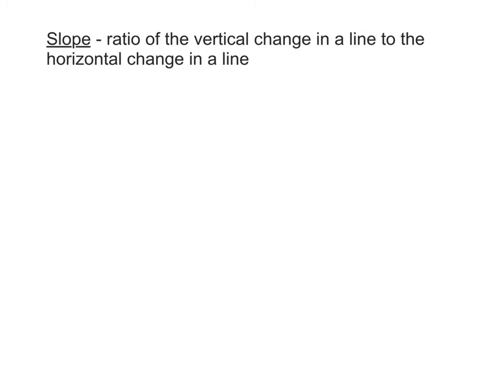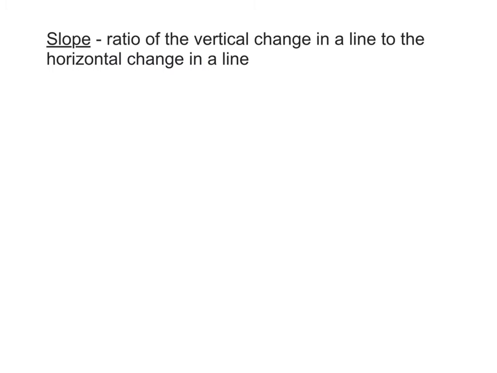And even that definition leads us to the ideas of slope, where we measure how steep the side of a mountain is, etc. It all comes from the algebraic definition of slope. So let's talk about what that definition is. The official algebraic definition for slope is the ratio of the vertical change in a line to the horizontal change in a line.